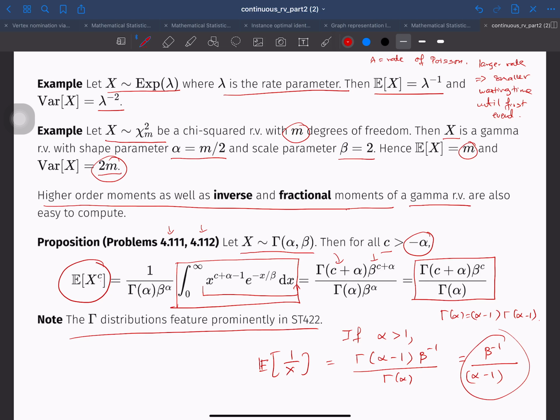And for others, you can think about things like the expected value of 1 over the square root of x and other things like that.